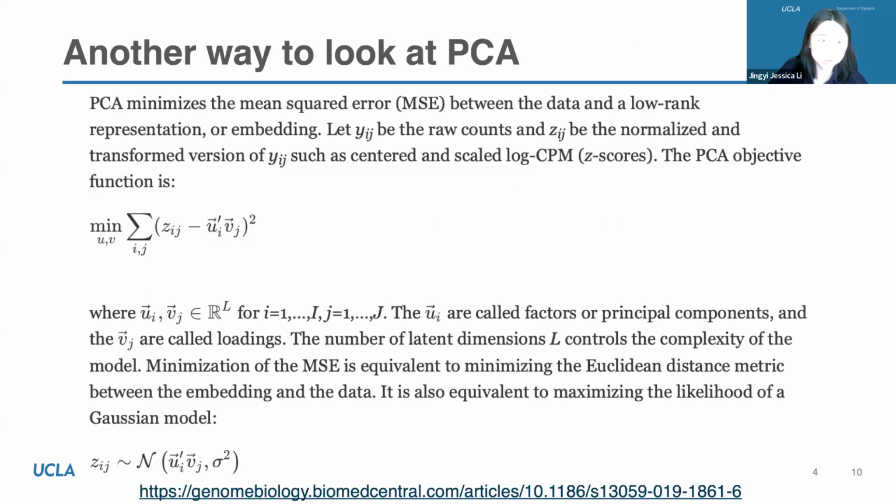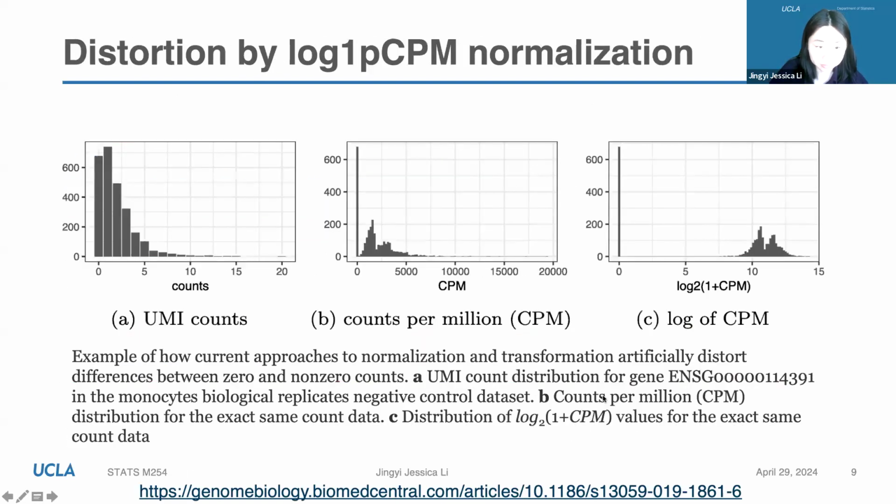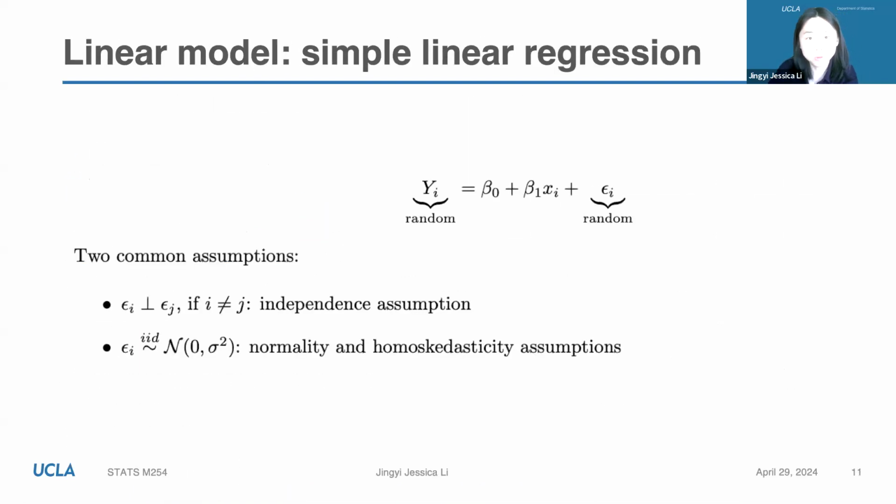Okay, then I want to make a connection to GLM because it's used in the name, generalized linear model PCA. So we need to first start talking about the linear model. The linear model, LM, has this Gaussian model assumption where the Gaussian assumption is applied to the random error term.